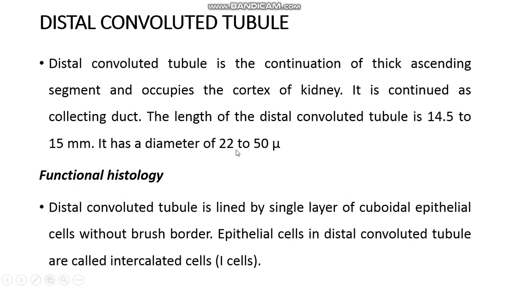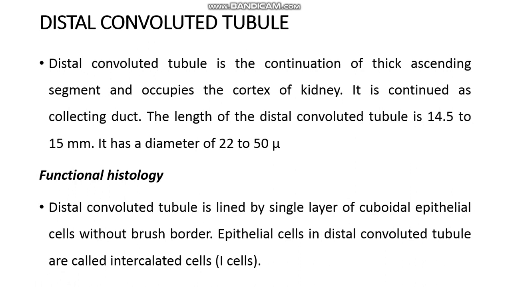The length of the distal convoluted tubule is 14.5 to 50 mm, and the diameter is 22 to 50 micrometer.